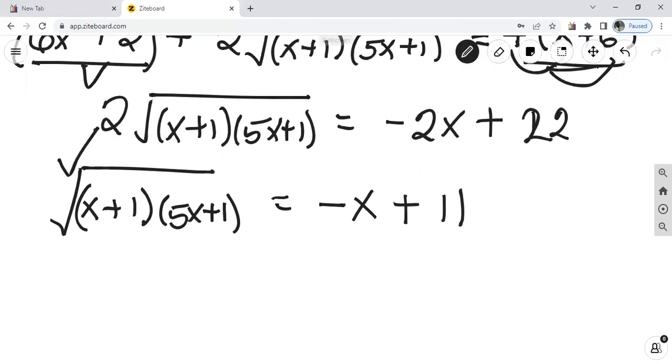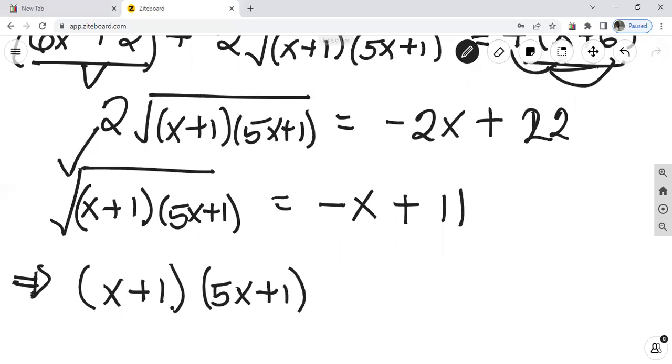You square both sides. If you square both sides, you observe that this is going to give you x plus 1 multiplying 5x plus 1, which, of course, because I'm squaring both sides, I have minus x plus 11 squared.